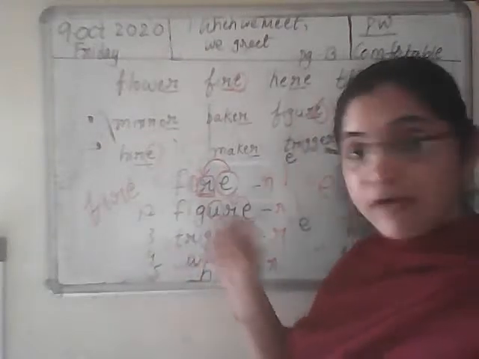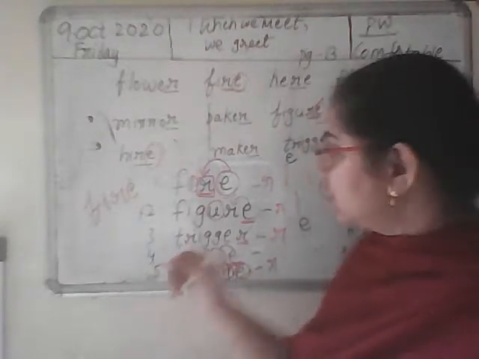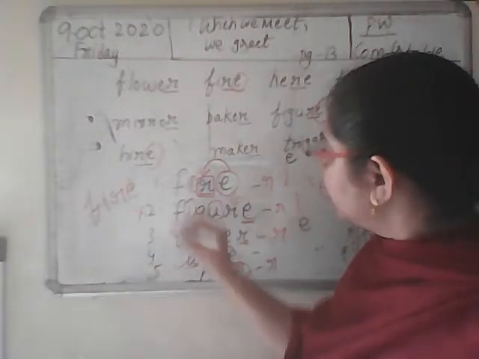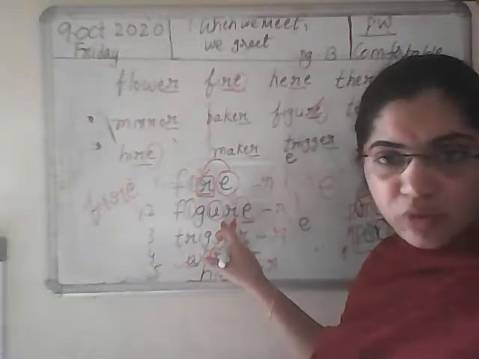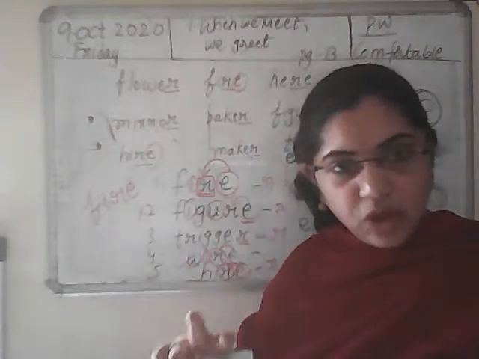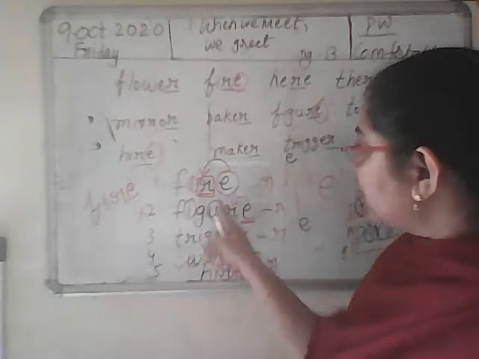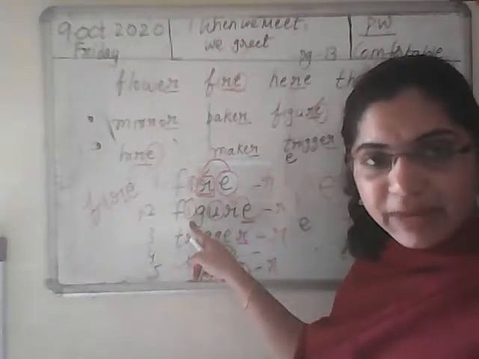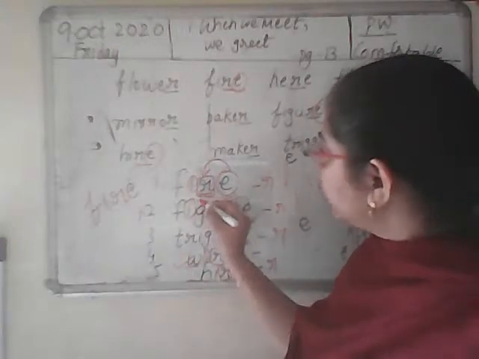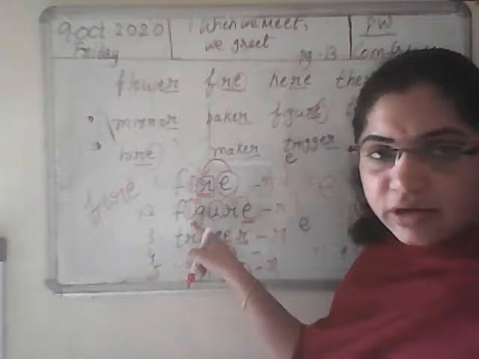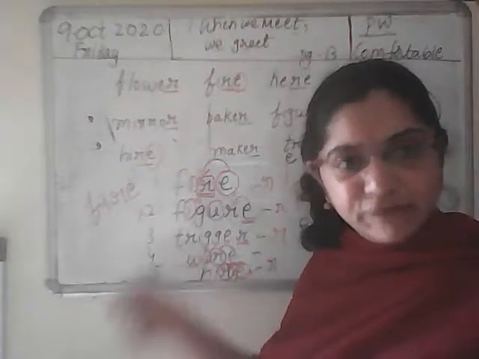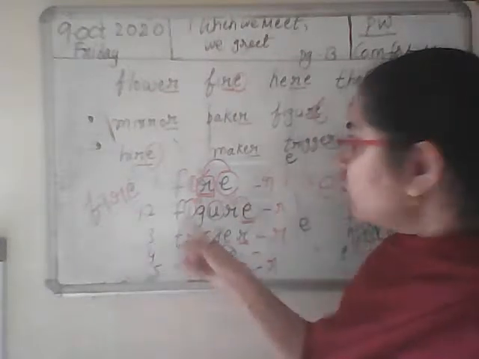This is figure because I is one vowel here and U is one more vowel here. Because we have two vowels, the sound of I remained as E only. Figure, as in fig. F-I-G, fig. And so figure.